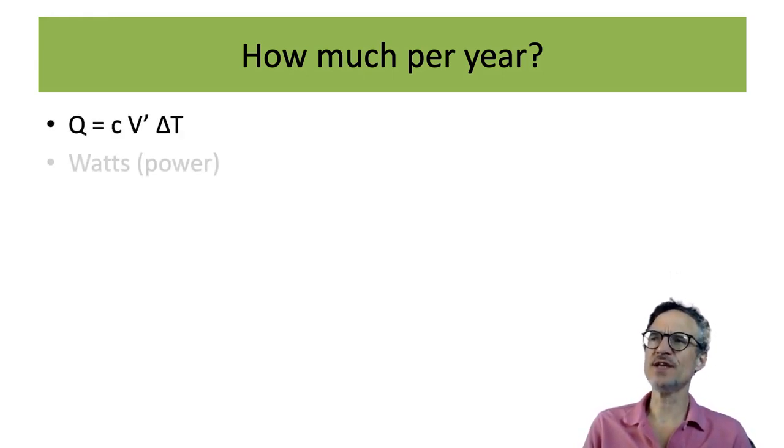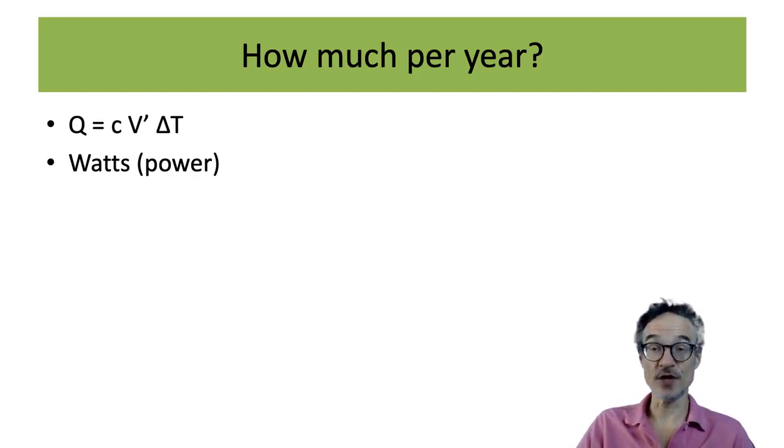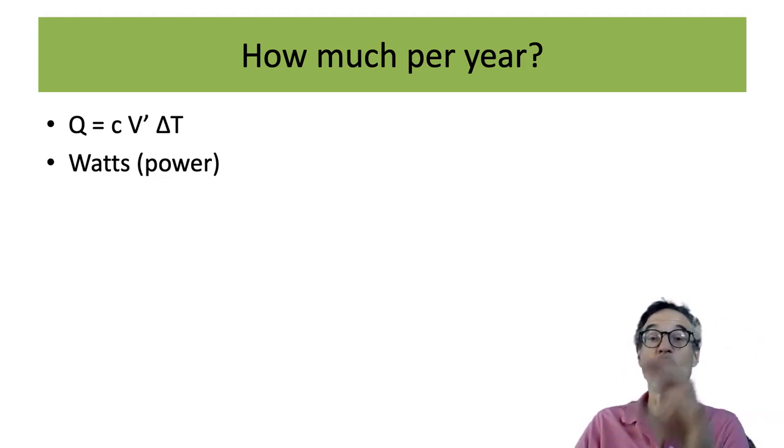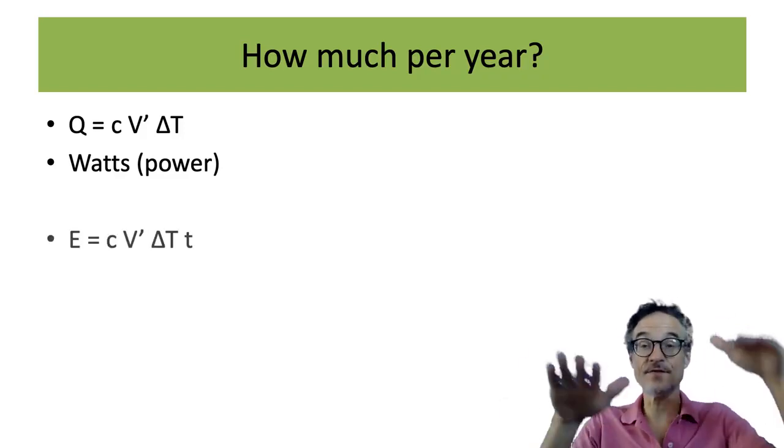And to do this, we need to think about, well, we were talking about power before. At any given time, we can measure how much heat we're losing from the volume of air leaving per hour and the heat capacity of the air and the difference in temperature.